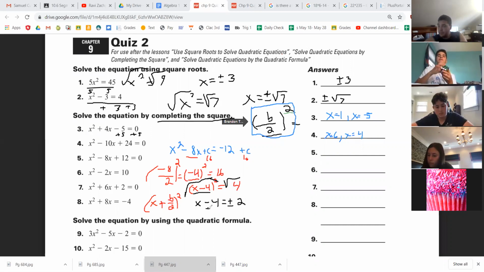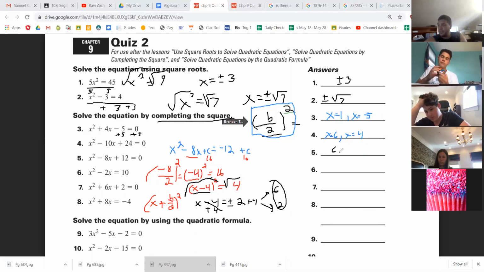Plus 4 on both sides. So we got x equals plus or minus 2 plus 4. We have to do the positive and the negative. Positive 2 plus 4 is 6. Negative 2 plus 4 is 2. The 2 answers are 6 and 2.